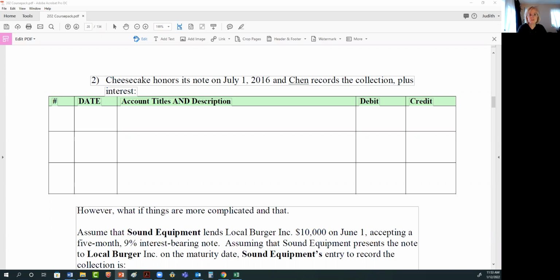So now we want to show Cheesecake paying the note and paying the interest. So what is Chen going to record? I'm going to make the journal entry up right here. How much money is Chen going to record here?